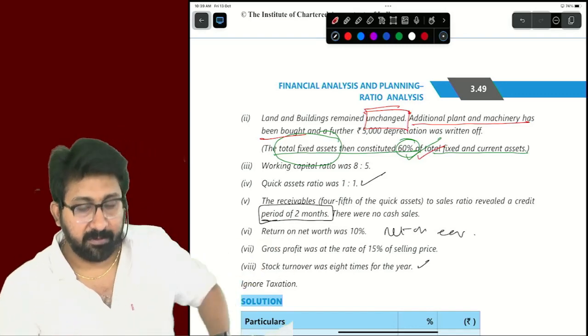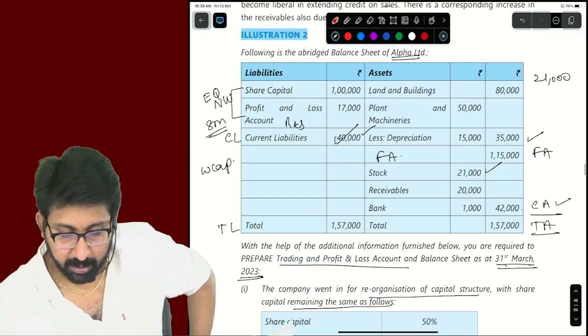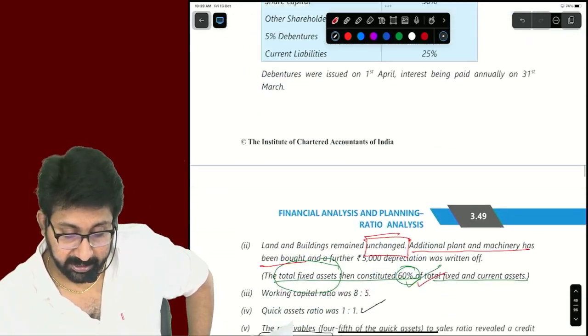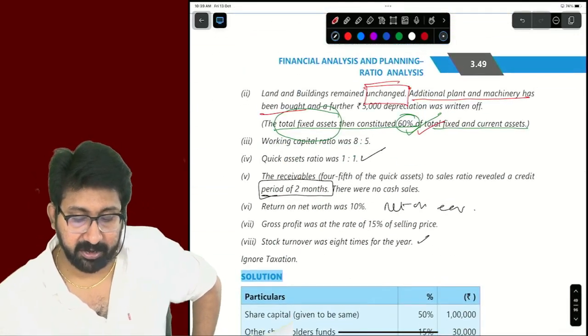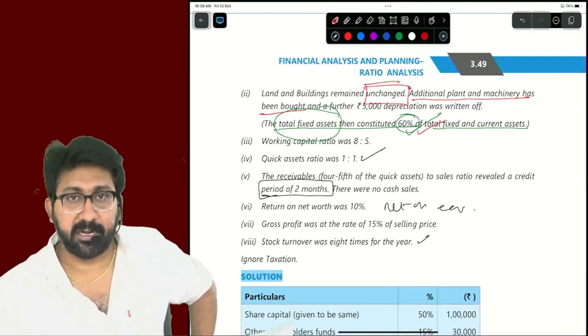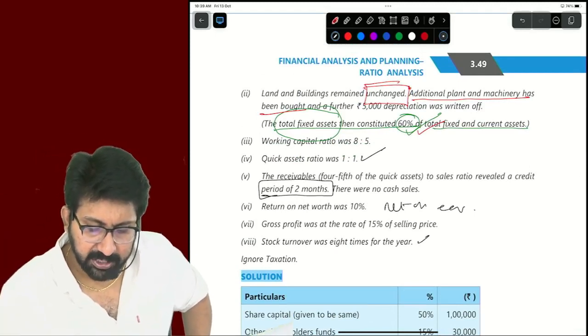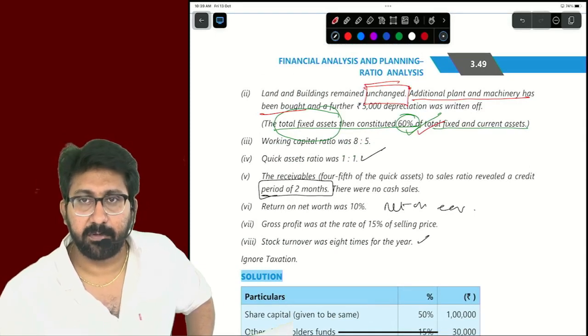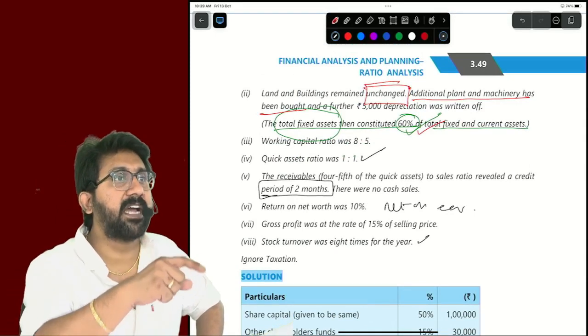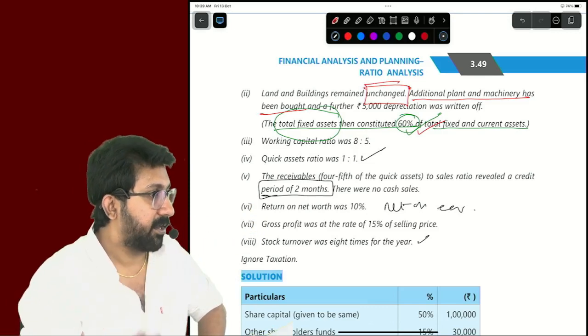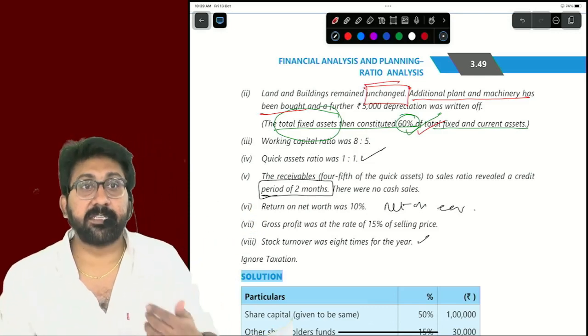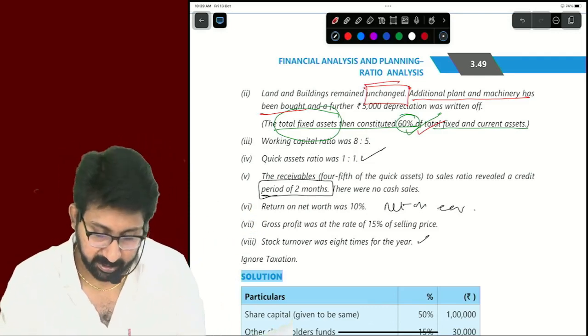See the question and tell me, what is the land and building? 80,000. Next, what is the plant and machinery value? The balance is the plant and machinery. Further 5,000 depreciation was also written off. We need to know how much additions you made to the plant and machinery.